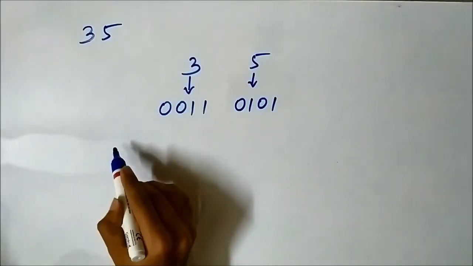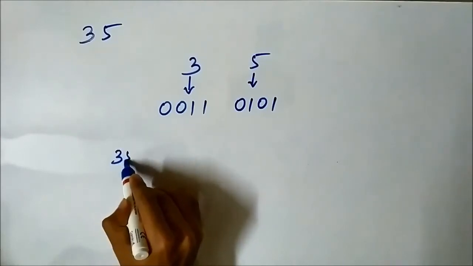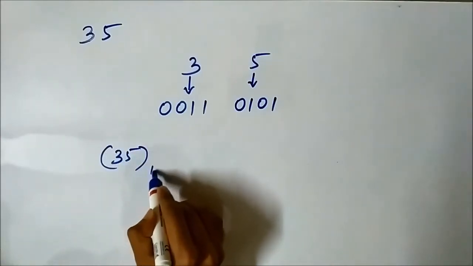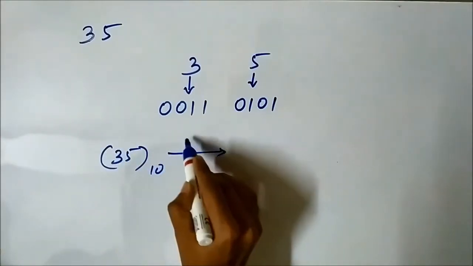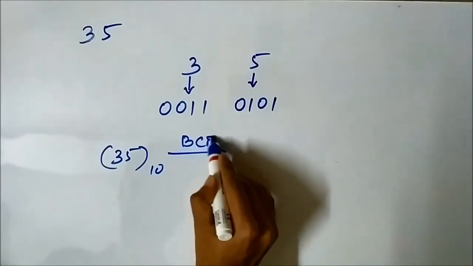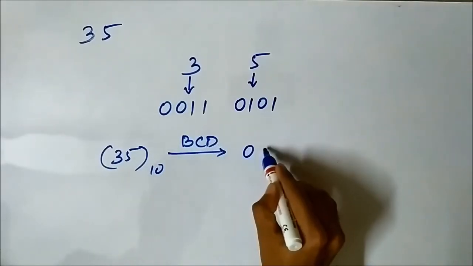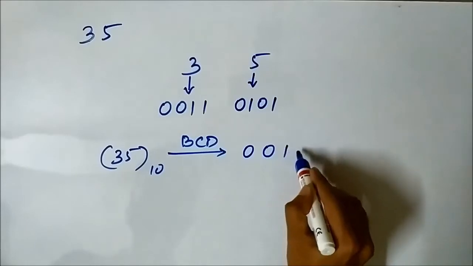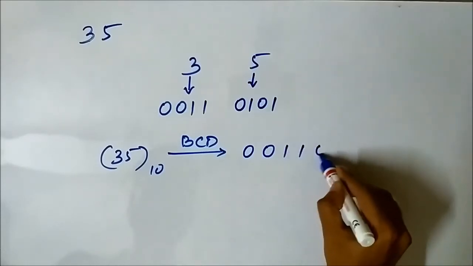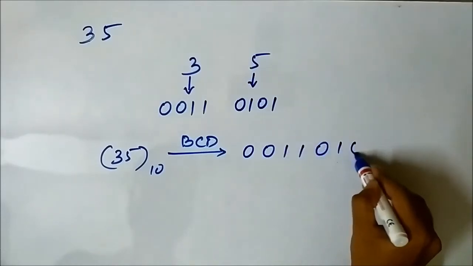So the decimal number 35 in BCD coding technique will become 0 0 1 1 0 1 0 1.